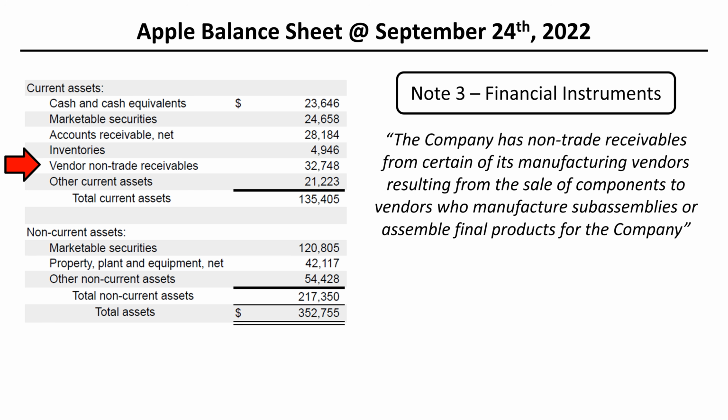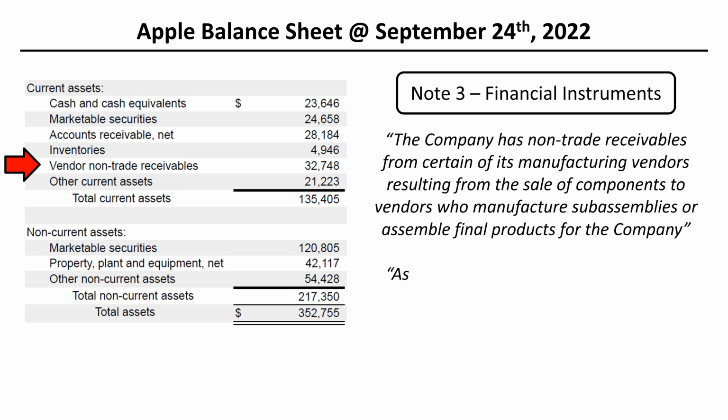While the assembly is taking place, prior to the finished product coming back to Apple, the outside manufacturer owes money for the components to Apple. Hence a current asset called vendor non-trade receivables on Apple's balance sheet. Simply put, vendor non-trade receivables are inventory in disguise.